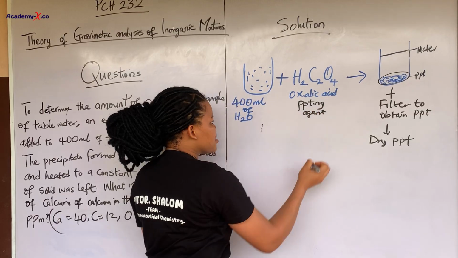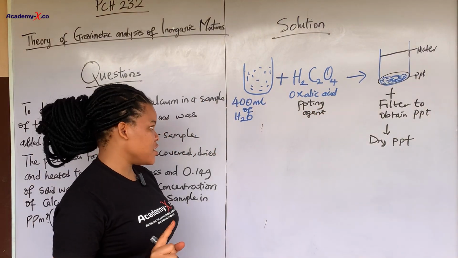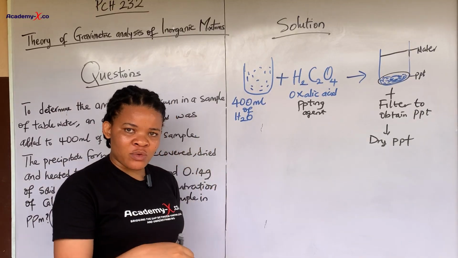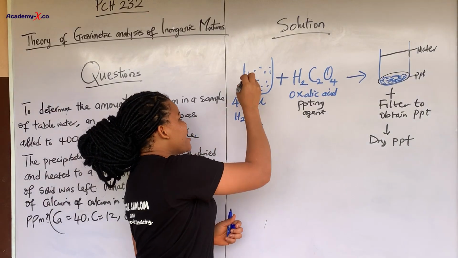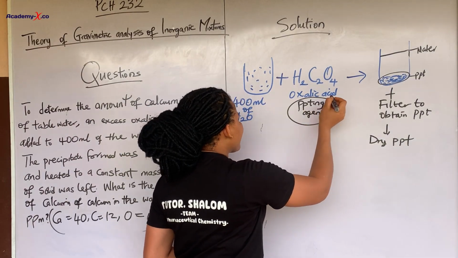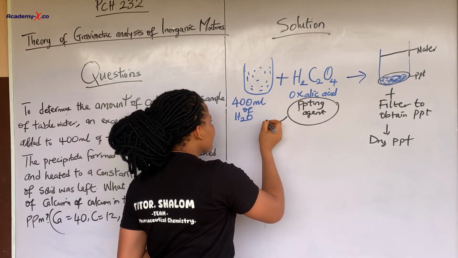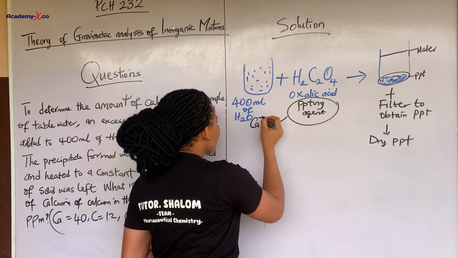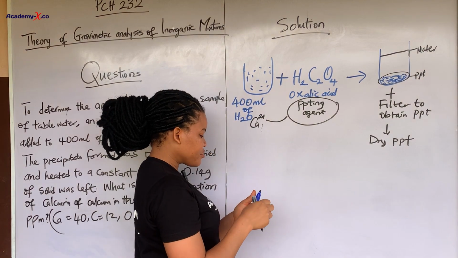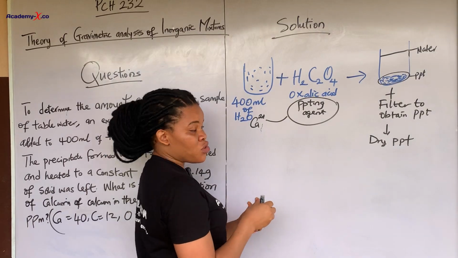So remember what we said about the qualities of a good precipitating agent. It should be able to react selectively with our analyte. Now our analyte is calcium. That means the precipitating agent, which is oxalic acid, is going to react with the calcium ions in this water. So that's what is going to happen.